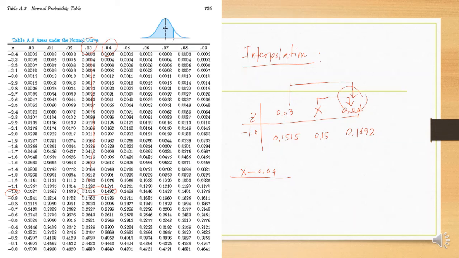So, magiging 0.03 minus 0.04 is equal to, dito ulit tayo. Susundan nyo kung ano yung nauna. So, dito siya, no? 0.15 minus 0.1492, and the other one will be like this, 0.1515 minus 0.1492. Okay?